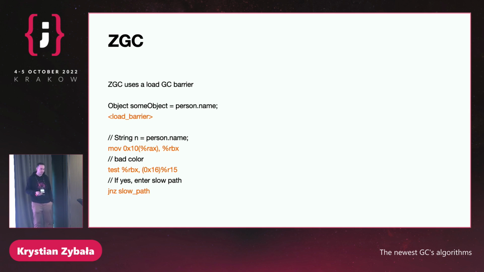When we have a bad color, the application has to go into the slow path. In the same situation as in Shenandoah, it means that the GC work is executed in the application thread.